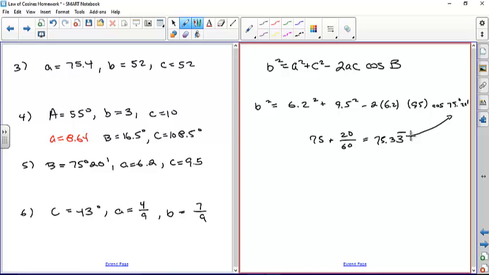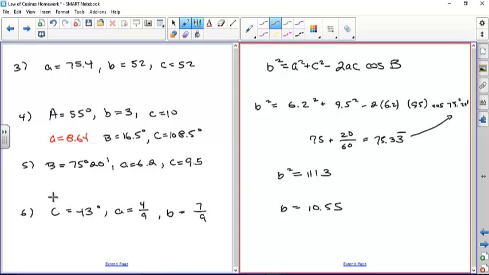So 6.2 squared plus 9.5 squared minus 2 times 9.5 times 6.2 times cosine of 75.33, and we end up with b squared equal to 111.3, or taking the square root of that, we get b is equal to 10.55.